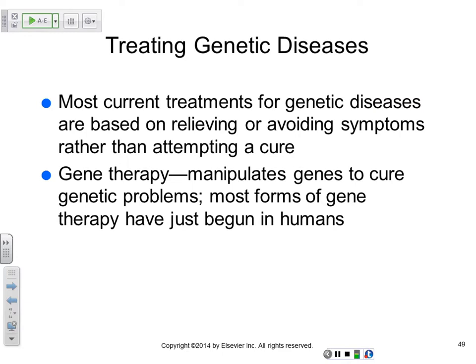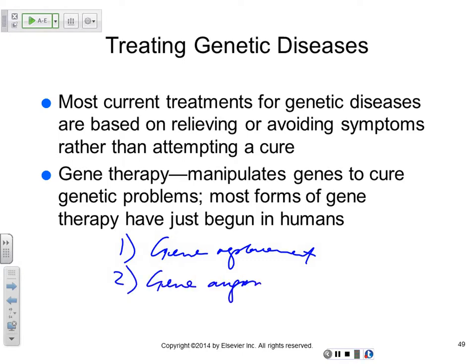We'll talk about gene replacement, all right? And then we'll talk about gene augmentation. And here they just add the cells that are genetically modified by viruses, and they're added to augment, so they produce the actual protein.